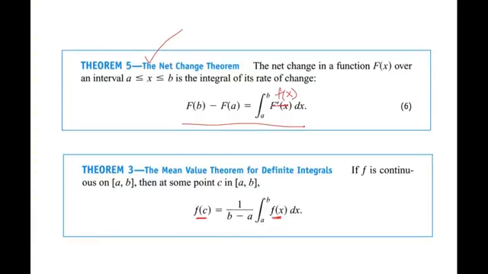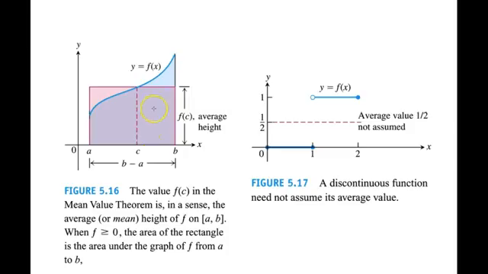Okay? So moving on to the next page here, we see some graphical depiction of this. So f of c, again, here is the average height of this rectangle that you see here in pink. And of course, we have some overage that's over here in pink, but we also see that the rectangular area does not get this part. So in general, what we're saying is that these two things are approximately equal.